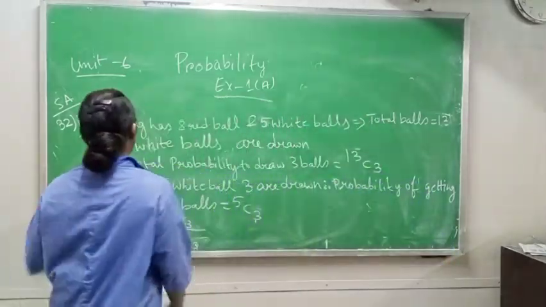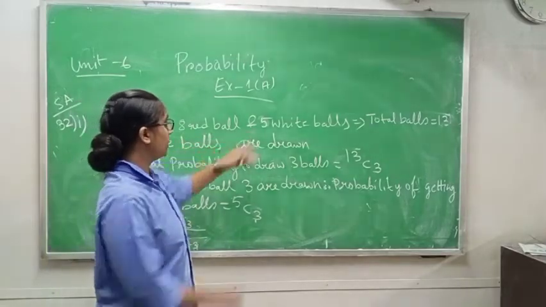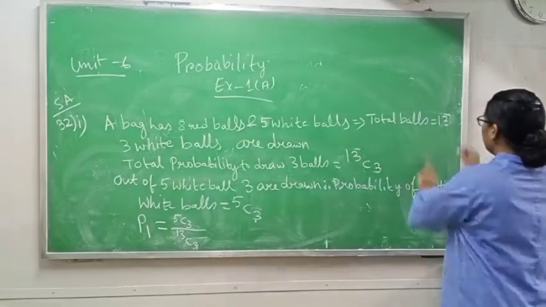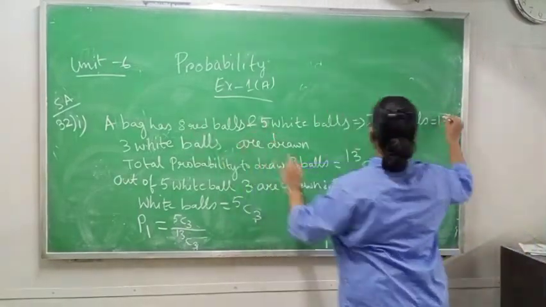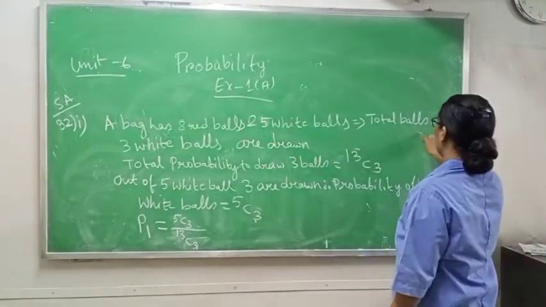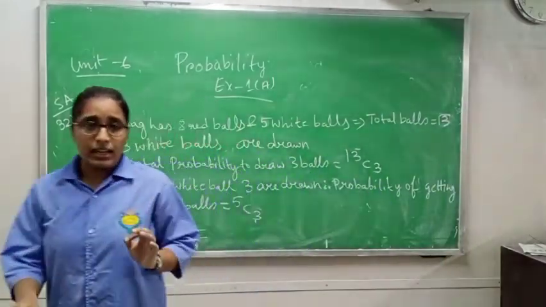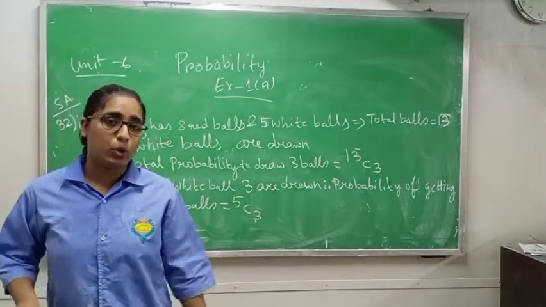So now see this one. A bag has 8 red balls and 5 white balls. So total balls will be 8 plus 5, 13. That is why I have written total balls equals 13. Now in the first time they are taking out 3 white balls only.